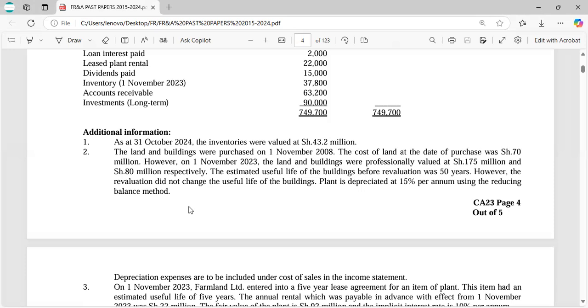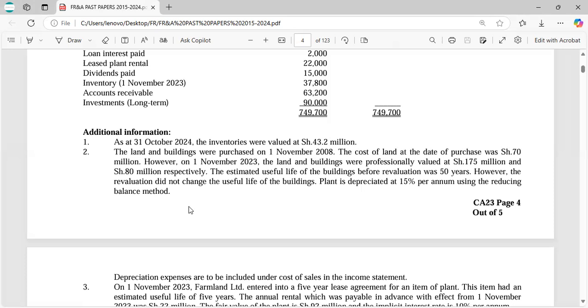However, on 1st November 2023, the land and buildings were provisionally valued at shillings 175 million and shillings 80 million respectively. The estimated useful life of the building before revaluation was 50 years. However, the revaluation did not change the useful life of the building. Plant is depreciated at 15% per annum using the reducing balance method.